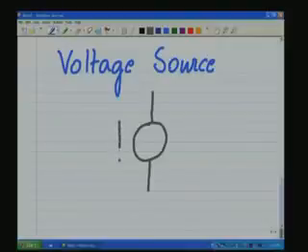It has an arrow pointing in a manner as shown here. This arrow indicates that this terminal potential is measured with respect to this. That is what this arrow indicates.